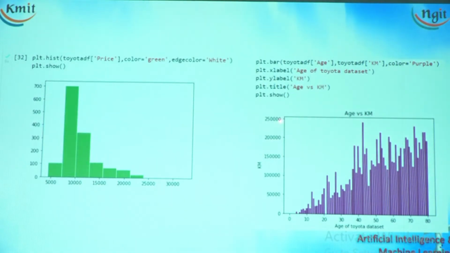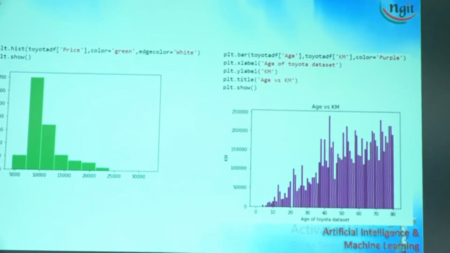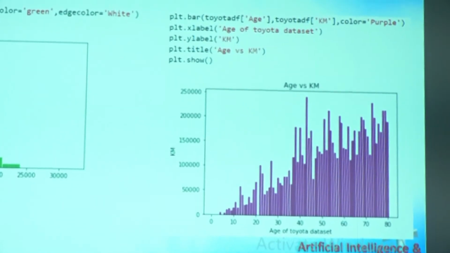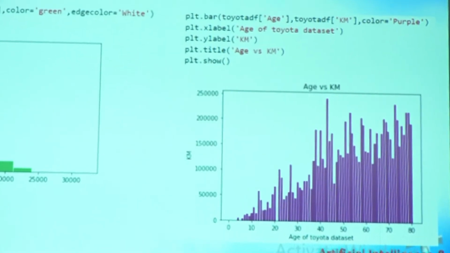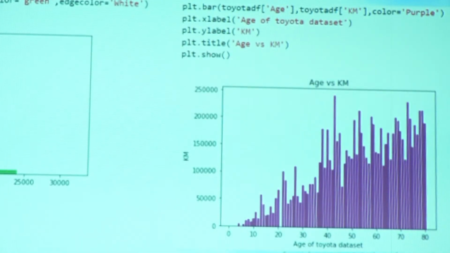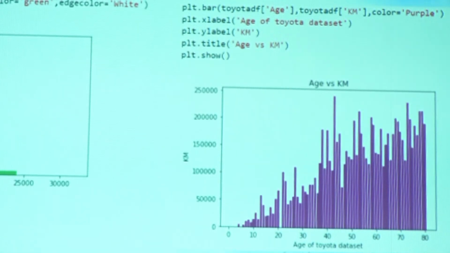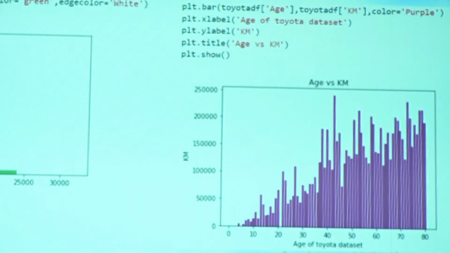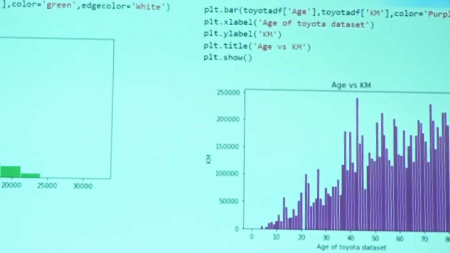So the maximum number of kilometers that is coming is around say 24,000 and the age for it is say 42 years. Yes? So such answers I can get if I plot or visualize my data. Manually doing will be a little cumbersome. Right? So that's why I try to visualize the data and get more interaction with it.